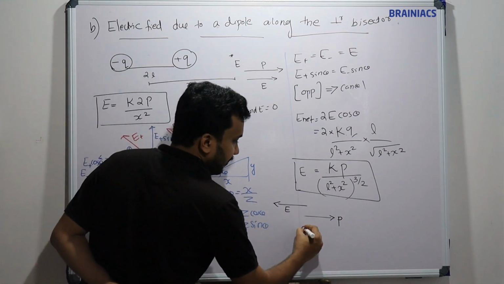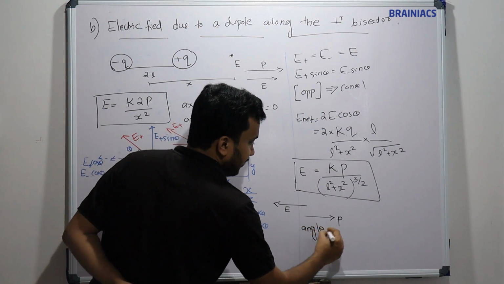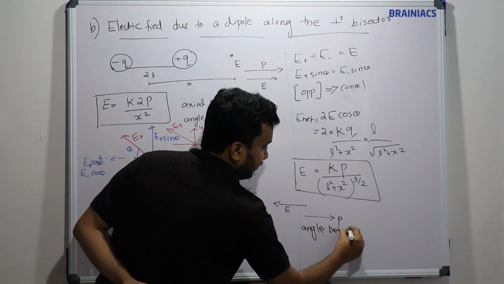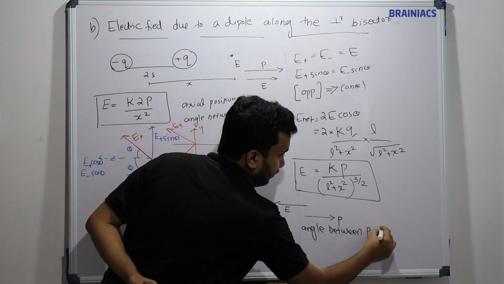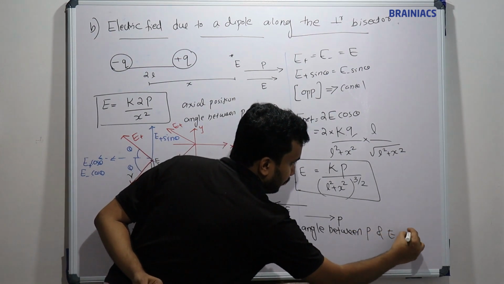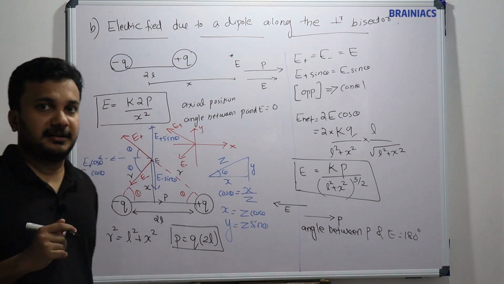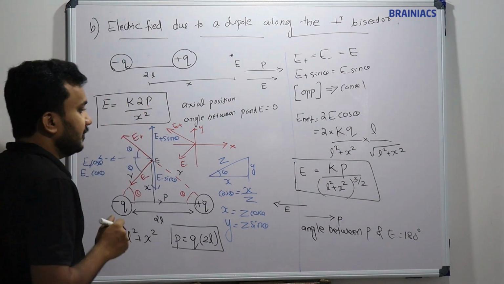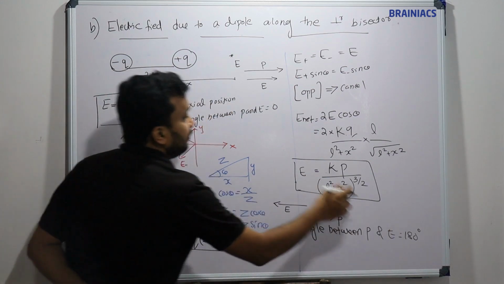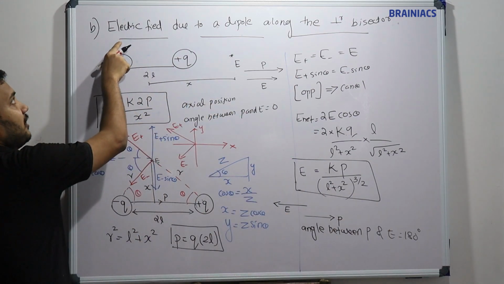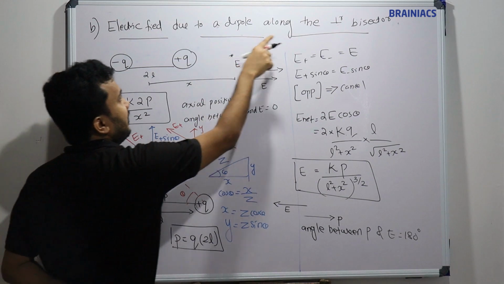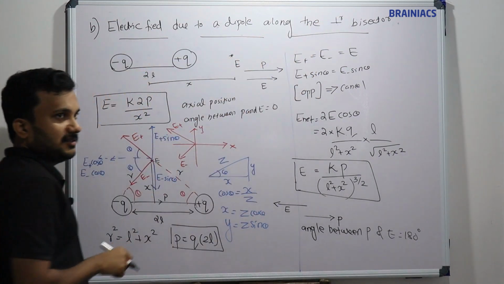So here I am writing a note, an additional point: the angle between P and E will be equal to 180 degrees. Very important point. This was previously asked in entrance examinations. So the angle between P and E will be equal to 180 degrees when we are calculating the electric field due to a dipole along the perpendicular bisector.